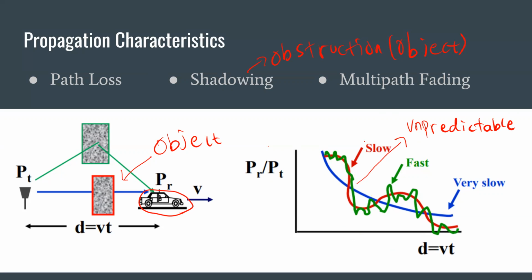For example, with the blue line, we can say that the attenuation is 5 times or 10 times, because there is a smooth transition of the ratio over the distance. It decreases slowly, right? But with multipath fading, it is not possible to tell exactly how the transmitted signal behaves.